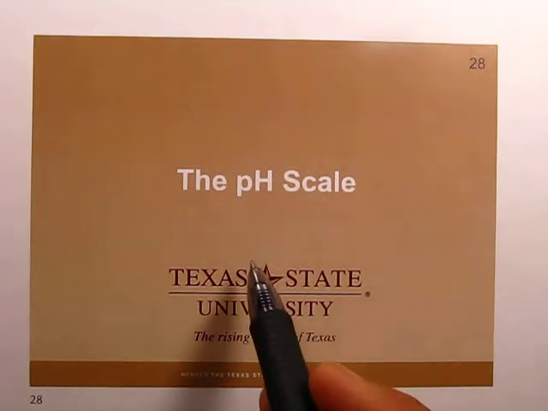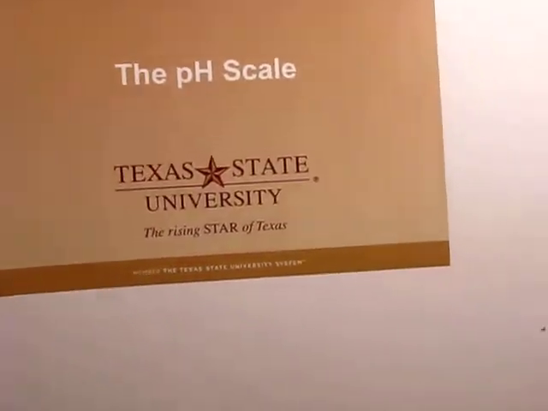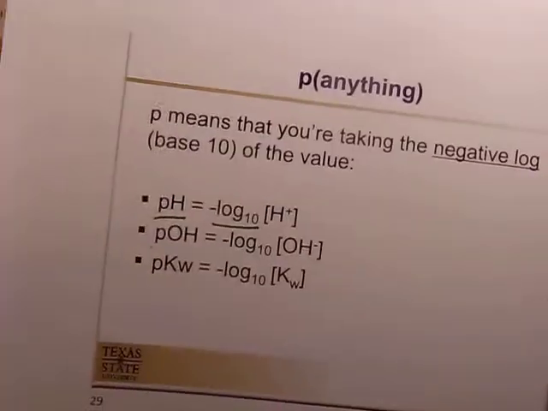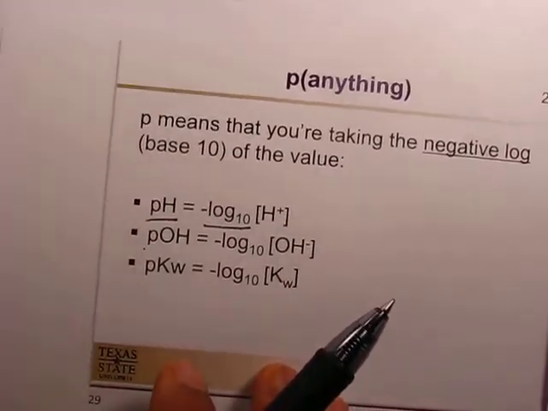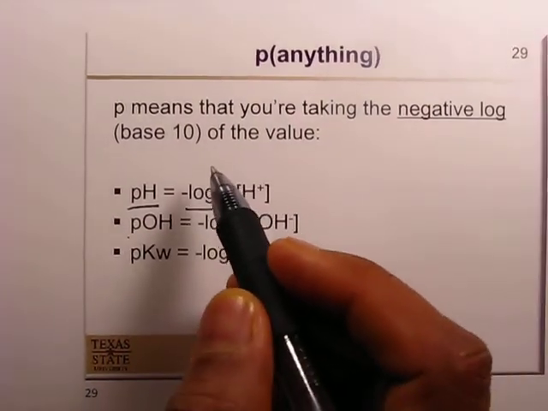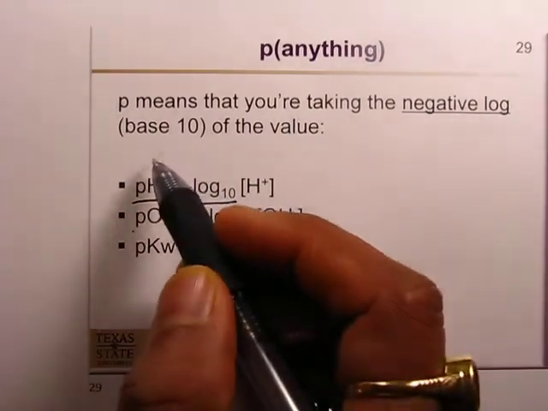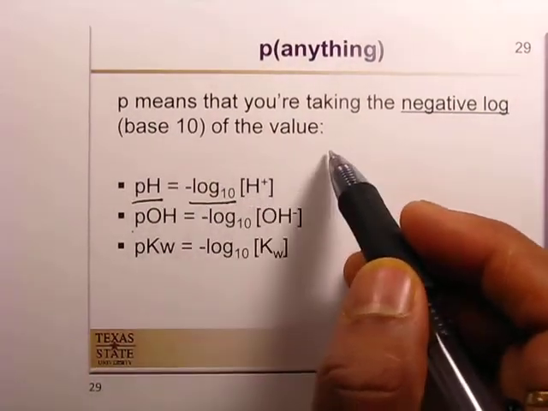So in this video we will study the pH scale, and when we study the pH scale, we must know what the meaning of P is. P means that you are taking the negative log, base 10, of the value.